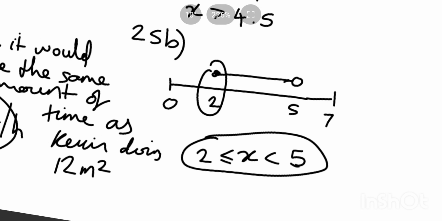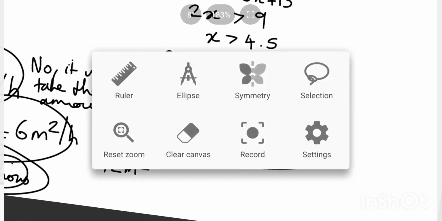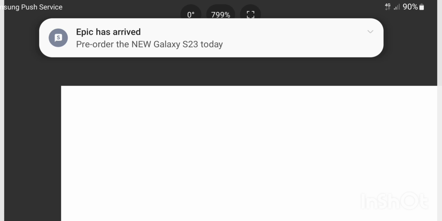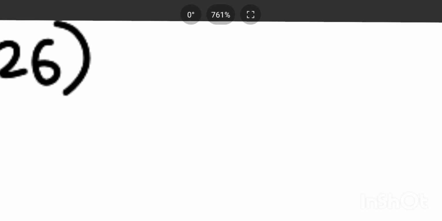So question 26. The diagram shows an octagon. x equals 1 and y equals 5 are lines of symmetry.